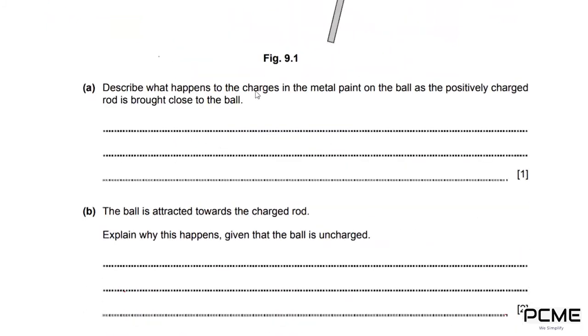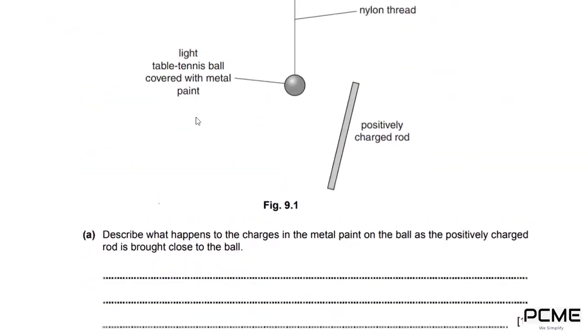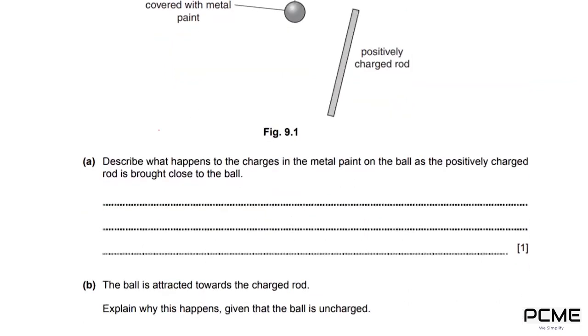All right, so describe what happens to the charges in the metal paint on the ball as the positively charged rod is brought close to the ball. So what will happen? Since it's a metal paint, it has free electrons in it, and those free electrons will be attracted towards the positive charge.